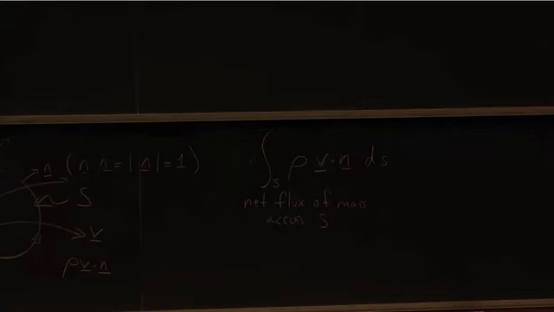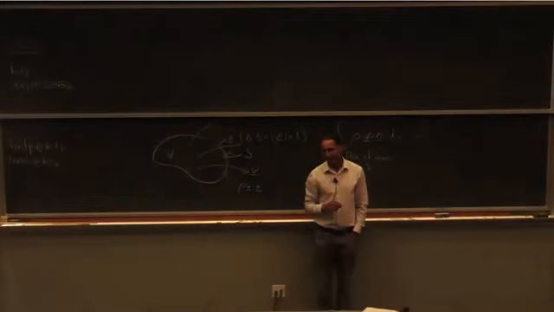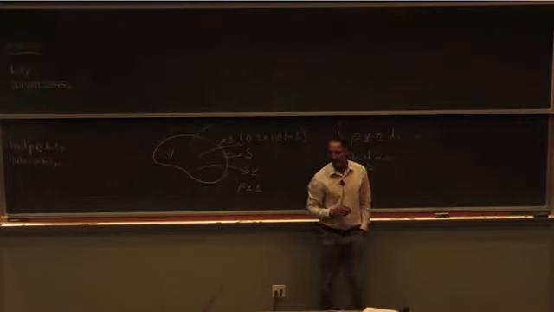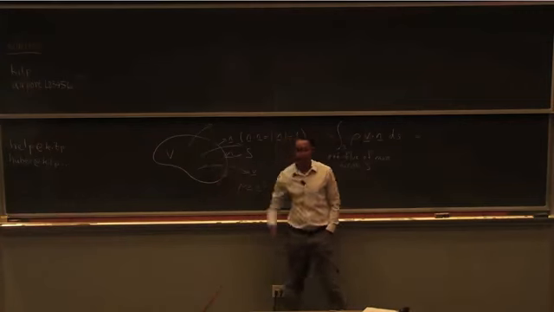If we have mass leaving this volume, what happens to the mass inside the volume? It has to go down, right? So what's the total mass inside that volume? Mass is what? Volume times density, right? But our density can vary with respect to position inside this volume as well.